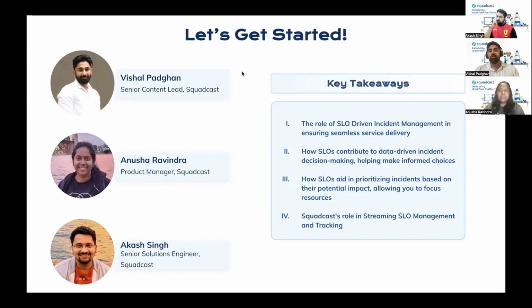Then we'll talk about how SLOs aid in prioritizing incidents based on the impact they can have on your business. And finally, we have a case study where we'll be talking about some challenges that concern SLO-driven incident management, and also talk about how Squadcast helps you address those with its SLO management and tracking capabilities.